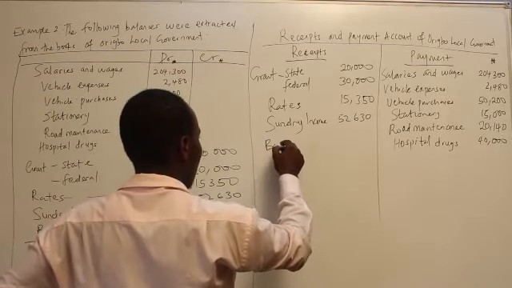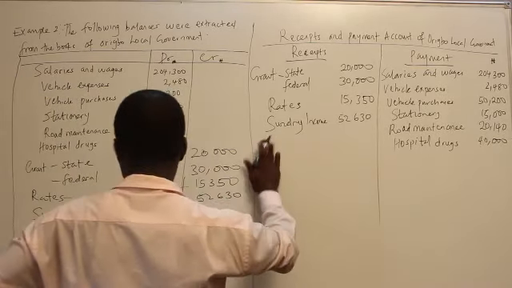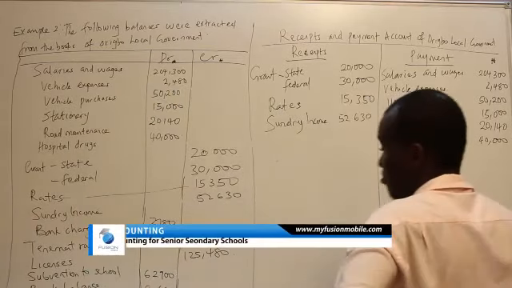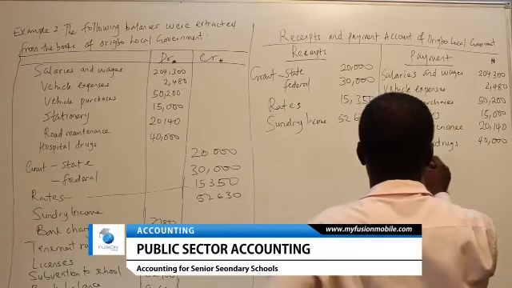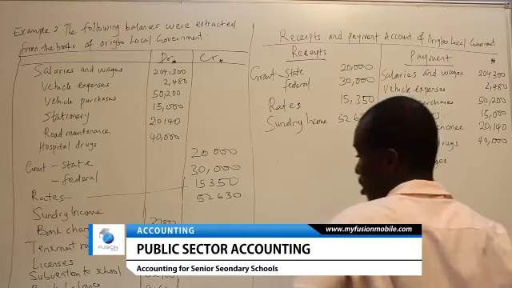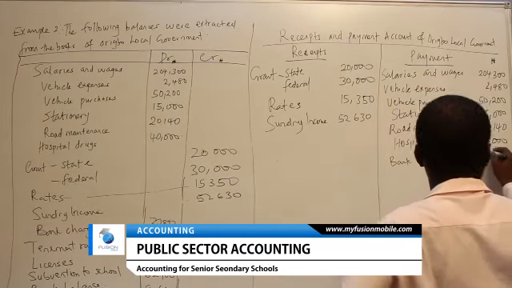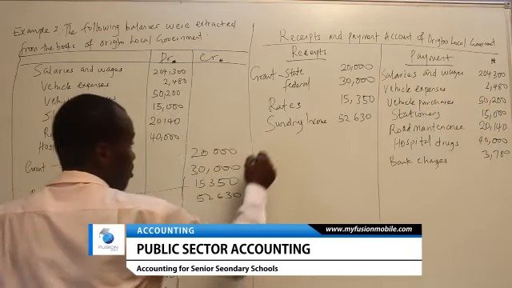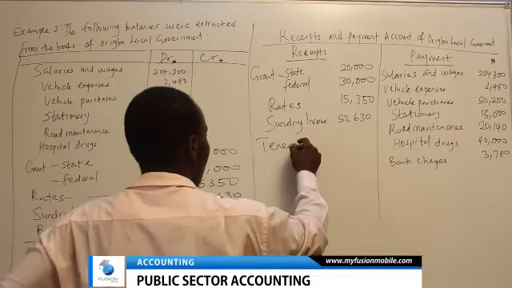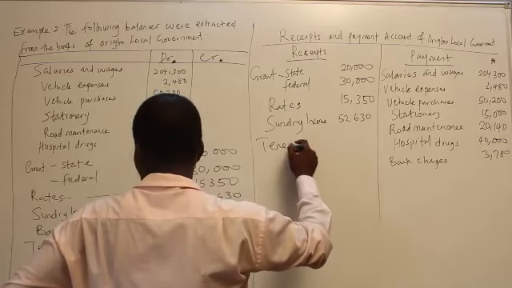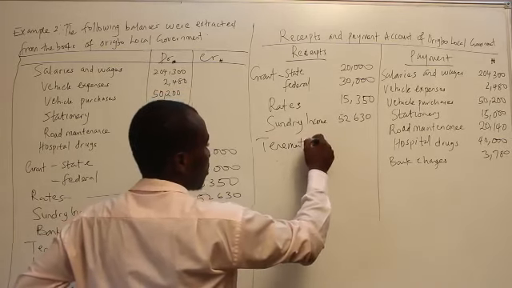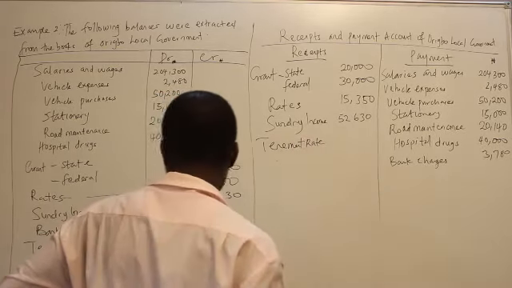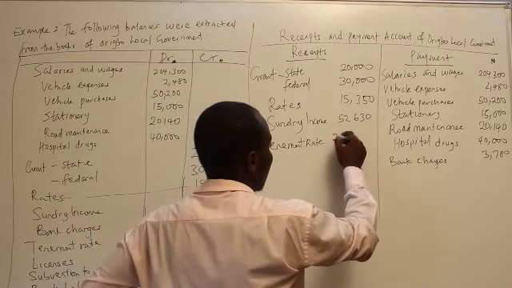So the next thing we have is bank charges. Bank charges is a payment. We have 3,780. So we have tenement rate. This is an income. Tenement rate is 250,000 naira.